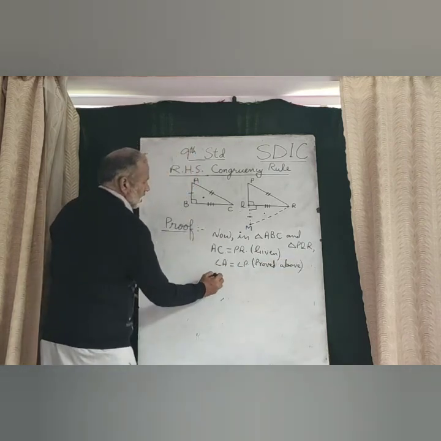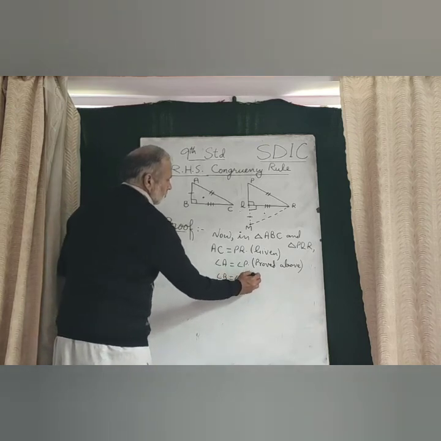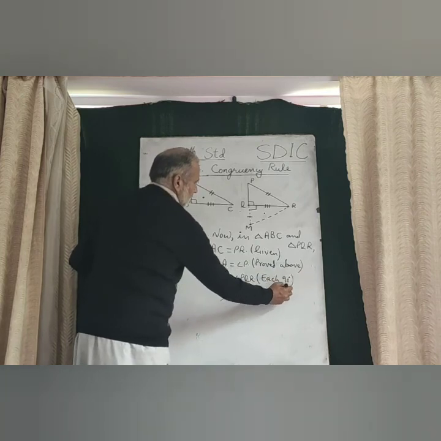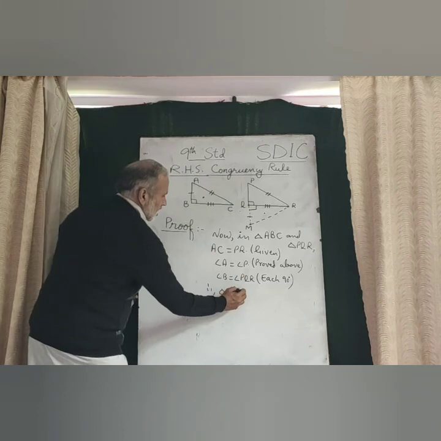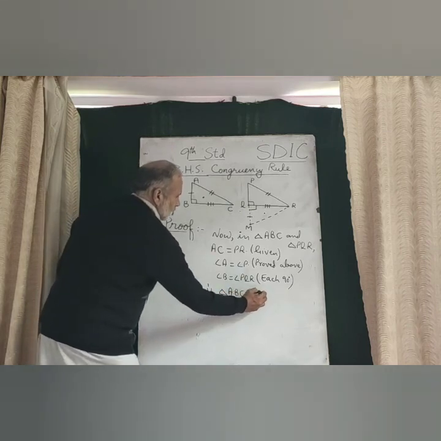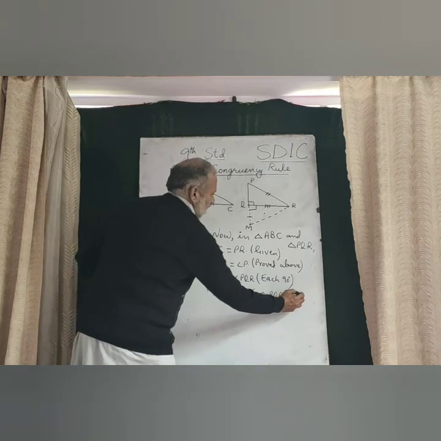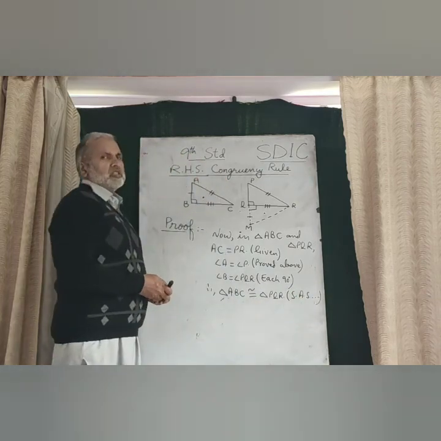We also have angle B is equal to angle PQR, each 90 degrees. Therefore, the two triangles are congruent. Triangle ABC is congruent to triangle PQR. We have used SAS congruency rule. That completes the proof of this theorem.